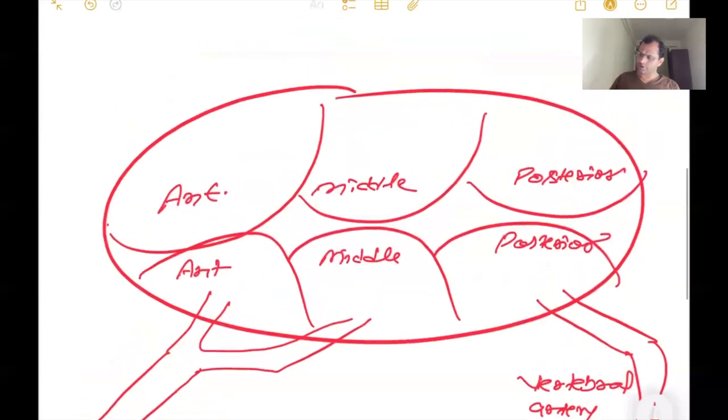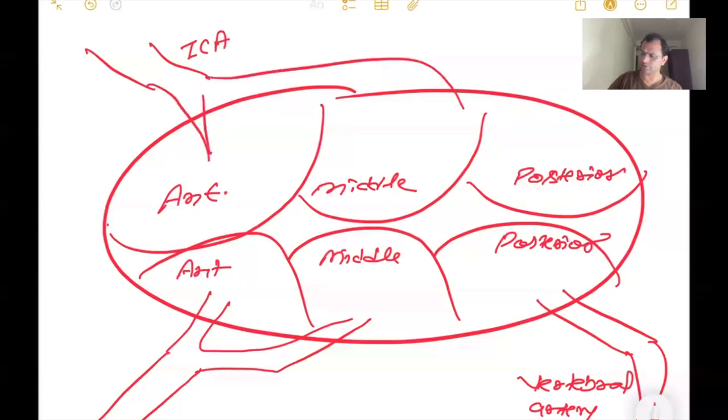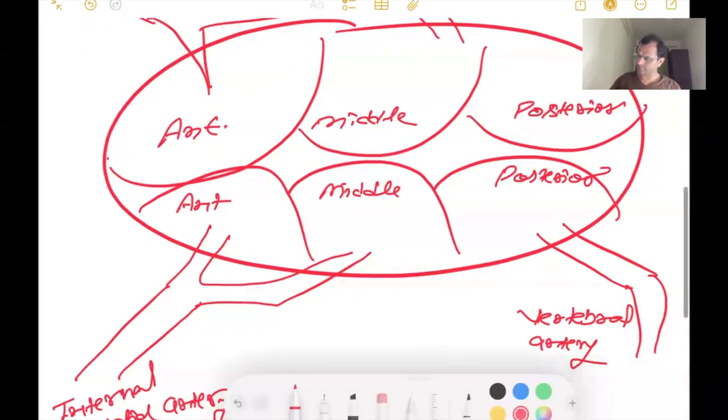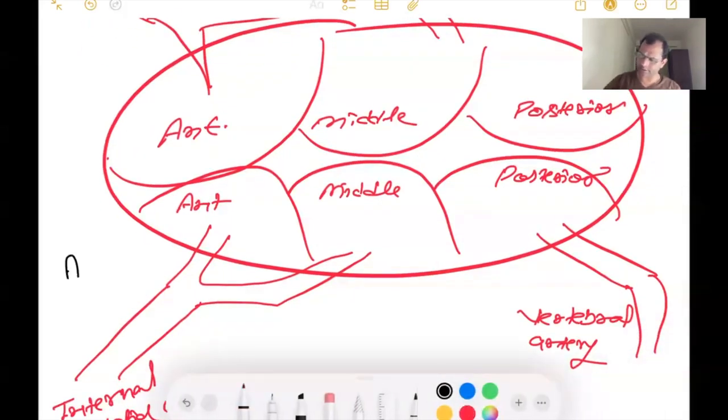In the same way, on the other side also one pipeline is coming, that is the internal carotid artery, with one branch going to this brain and one branch going to this brain. The branch which supplies the anterior part is called the anterior cerebral artery.